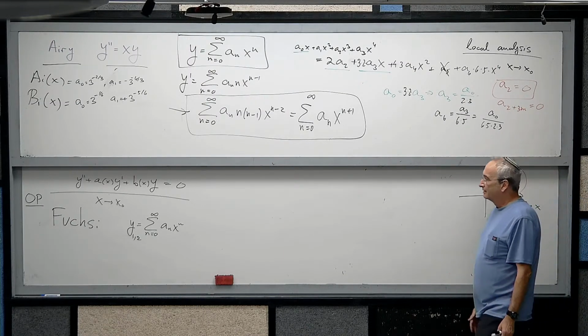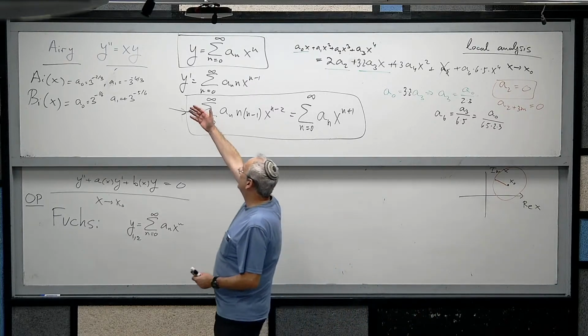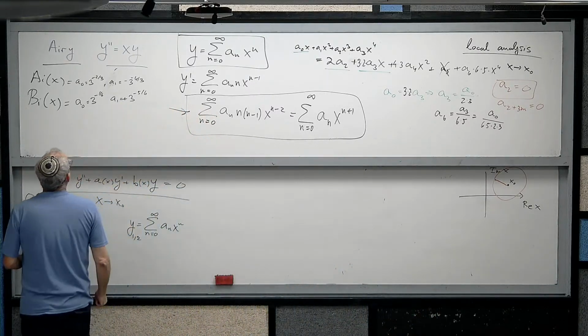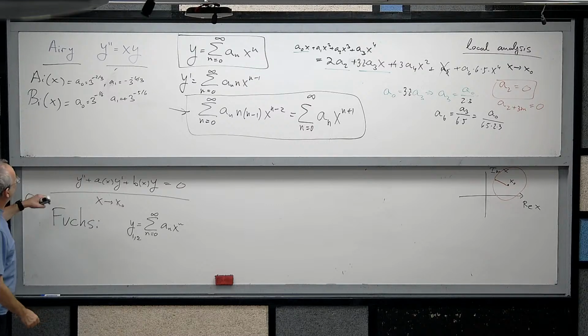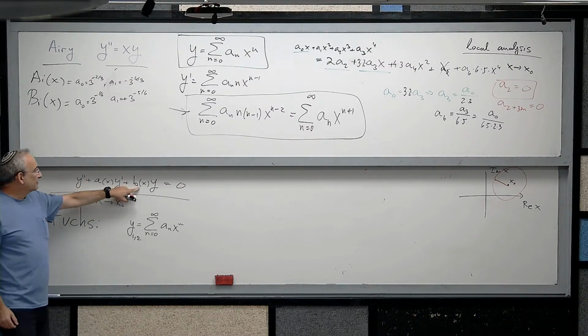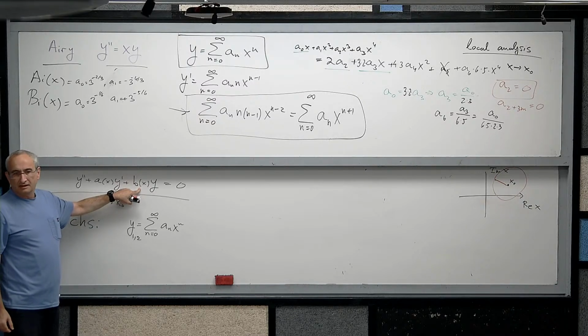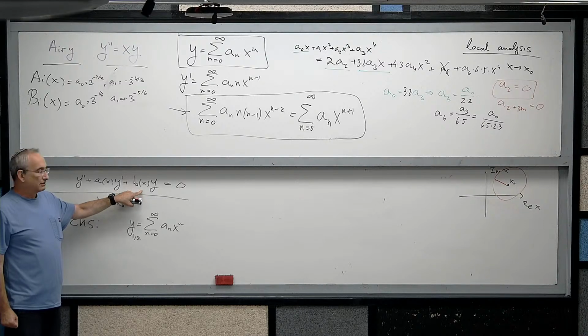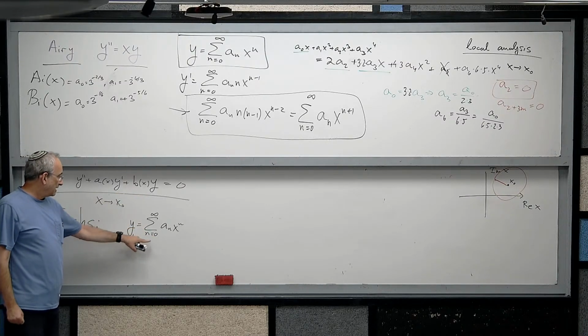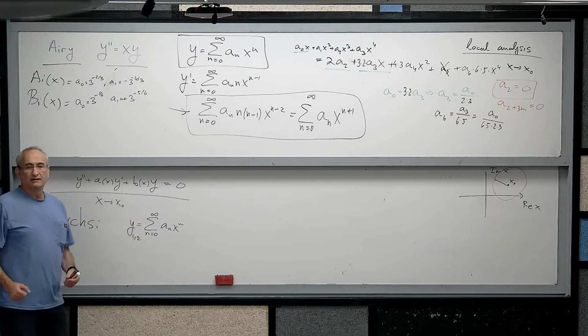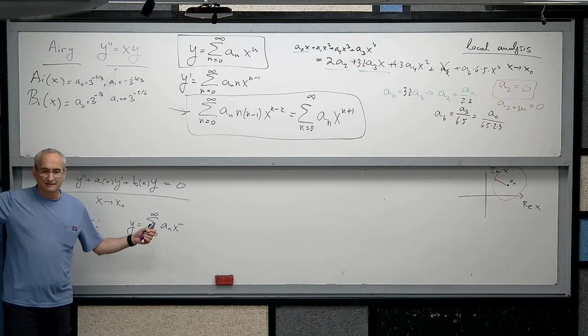And I just want to mention that for the Airy function, what is a of x? 0. What is b of x? x. And since x is an entire function, the functions may be expressed in this way, and the series will converge for any finite x.